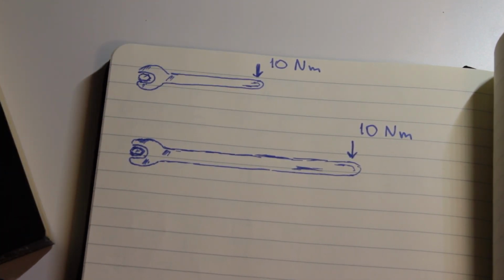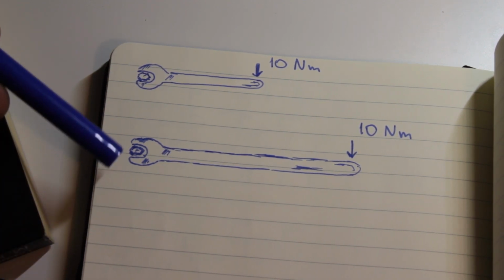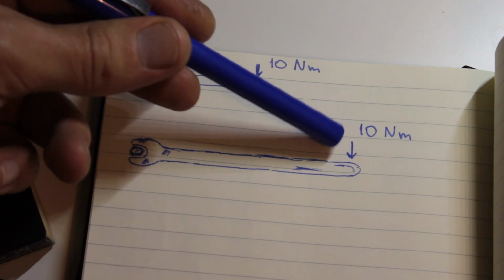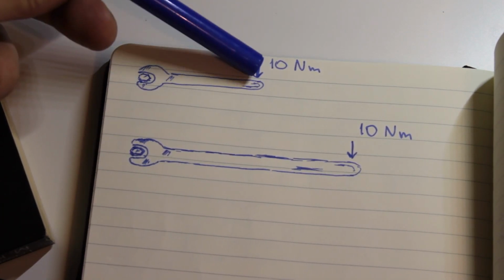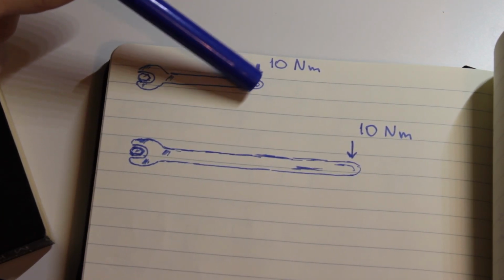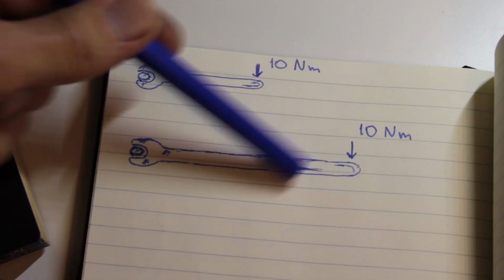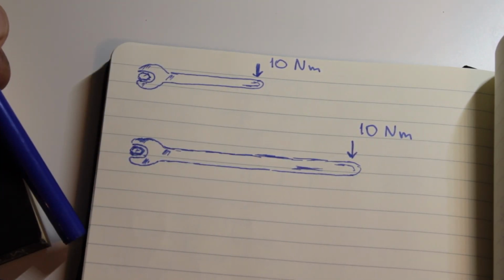But what if we want to torque it up to 20 Newton meters? Well, we can push at that point here with a force of 20 newtons and torque it up to 20 Newton meters. Or, another way to do it is to use a spanner twice as long with the same force.